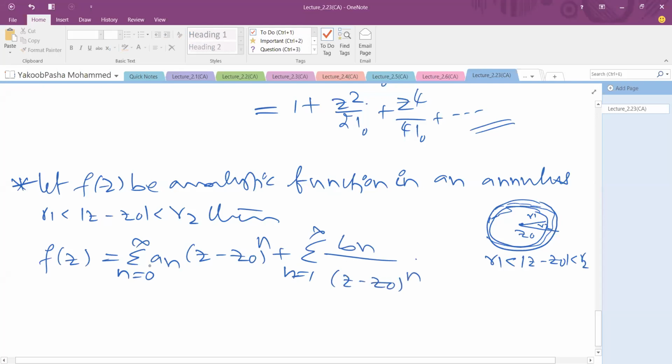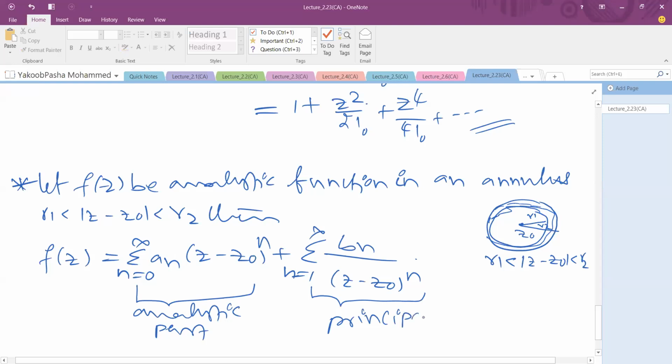Here this part is called the analytic part, and this other part, where the function is not analytic at z equal to z0, is called the principal part. At the principal part the function is not analytic or not defined. If the function is defined, then the expansion of f of z must be the Taylor series expansion.